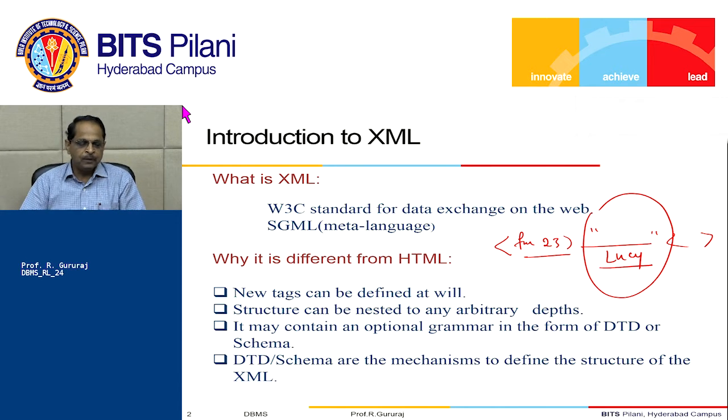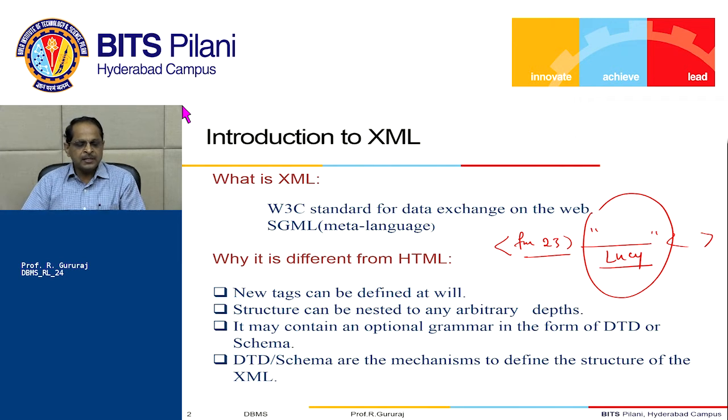And the nesting of tags in an HTML document is already predefined. You cannot change that. In XML, the structure can be nested to any arbitrary depth. That is, one element can contain another element, that can contain another element, like that. The depth of this nesting can go to any arbitrary level. That is the difference between HTML and XML.